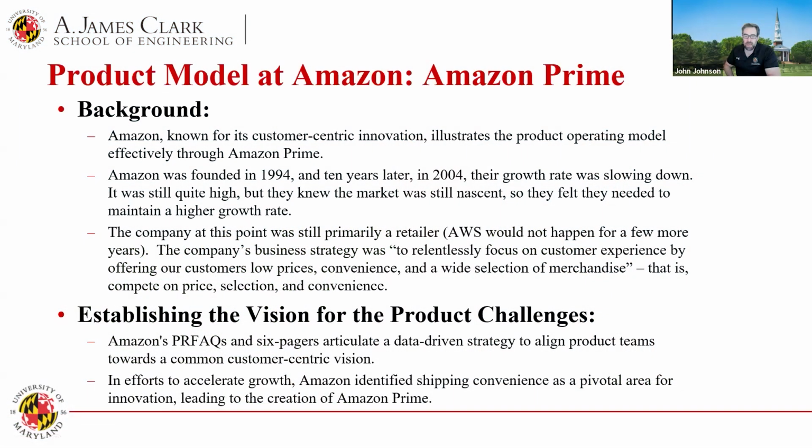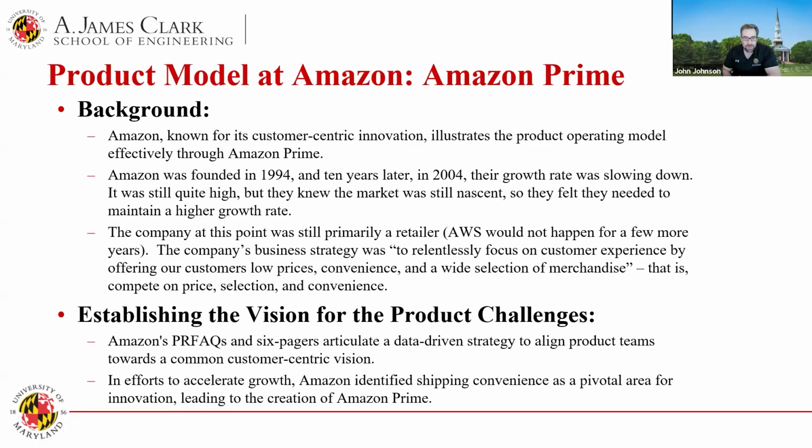So with that, I know we're just at time, but I wanted to give you the quick and dirty about the Amazon Prime example. Amazon Prime was an example of an excellent case of using the product operating model, where Amazon was having issues with growth rates.